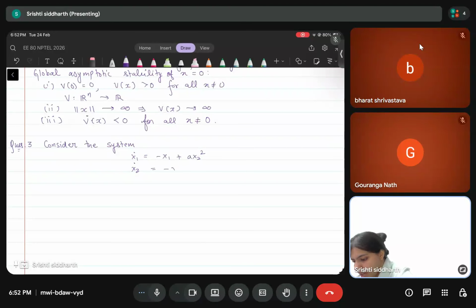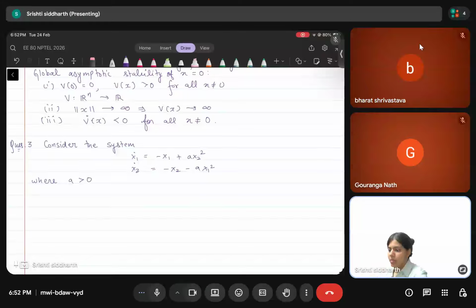x2 dot is minus x2 minus a x1 squared, where a is a scalar and it is positive. Also consider a Lyapunov function V of x1 comma x2. So you can either write V of x or V of x1 comma x2. And this is given by x1 squared plus 2x2 squared.